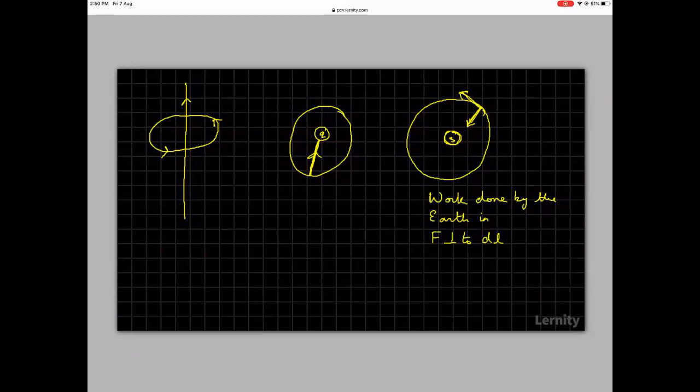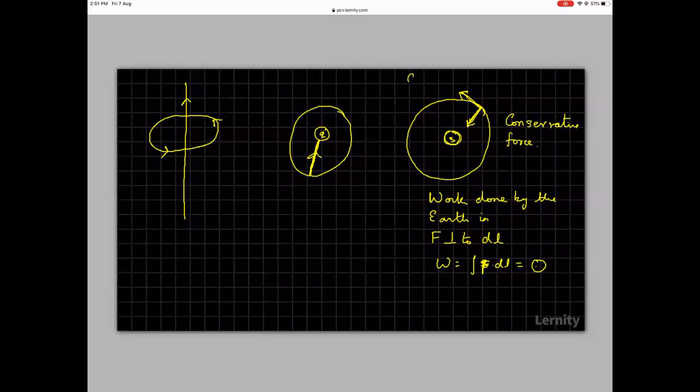So work done, which is the integral of F dot dl, will become equal to 0. So the work done in moving this full circle by the earth is 0. So in all such situations where the work done in moving around a closed loop is 0, we call such a force a conservative force.